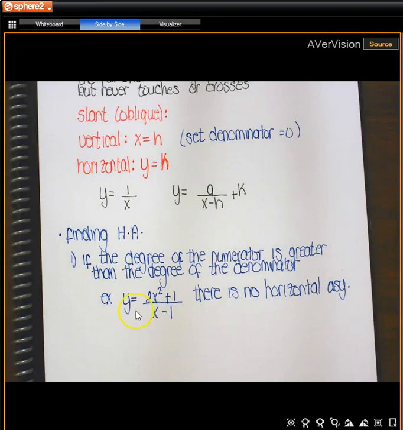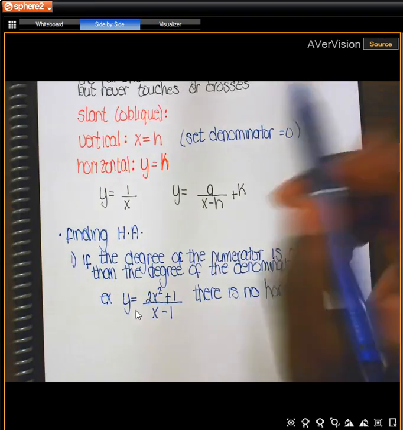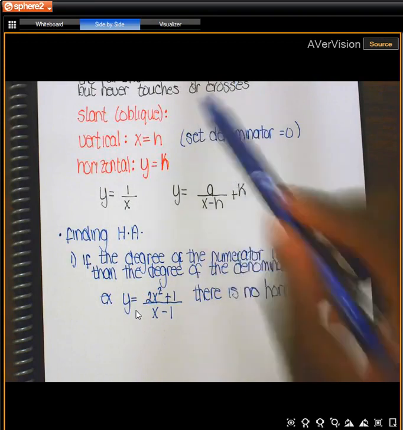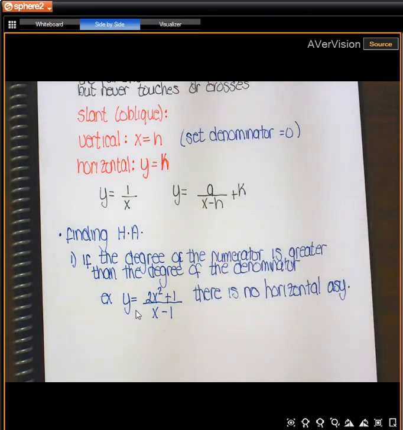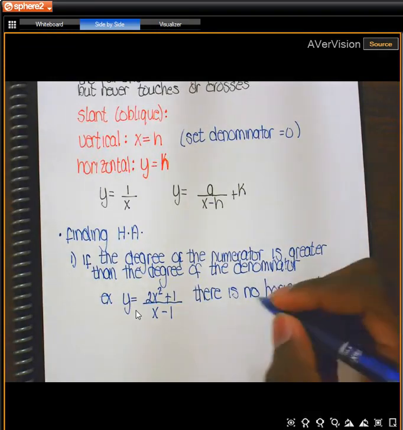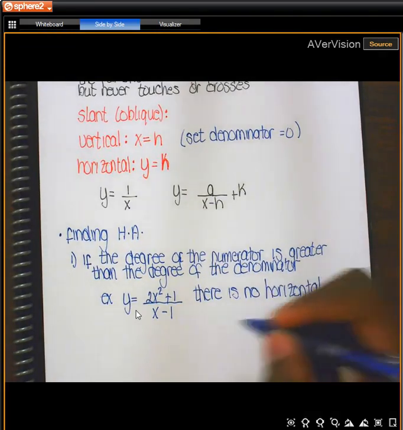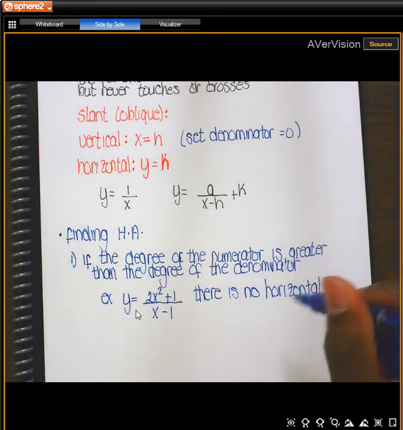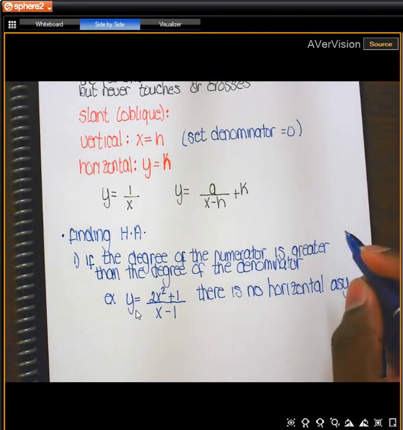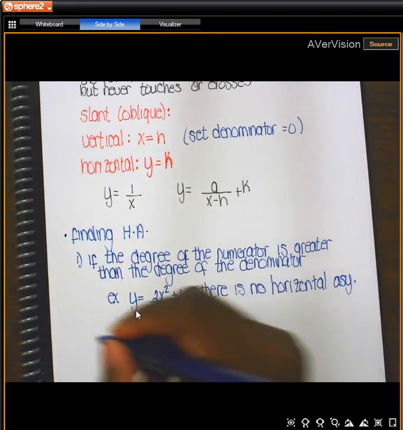So Corey, you told us about the slant asymptote. Do you remember how to find that? All right, that's cool. All right, so we have a slant asymptote. Actually, never mind. We'll come back to that later.